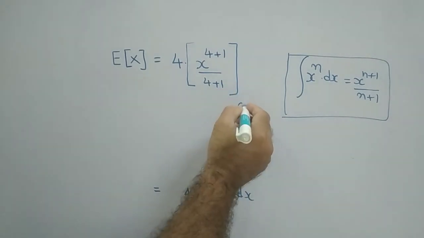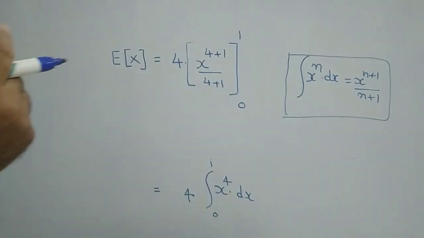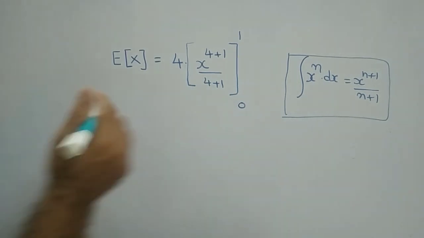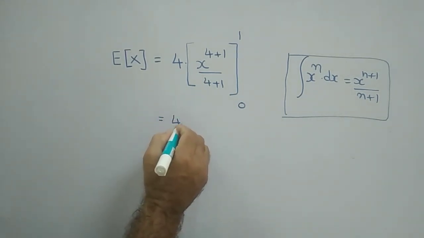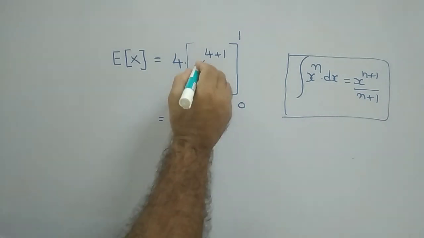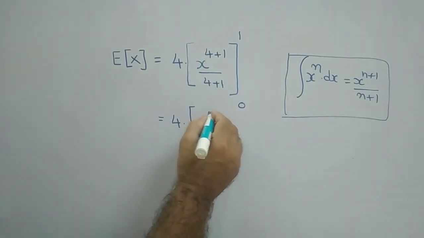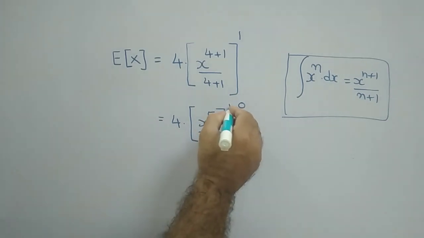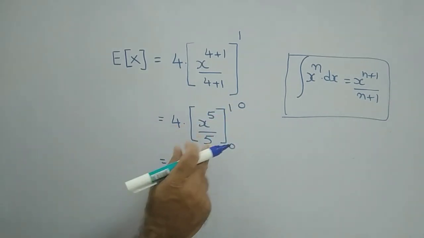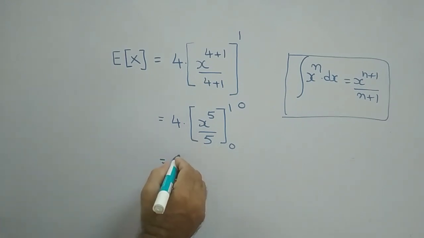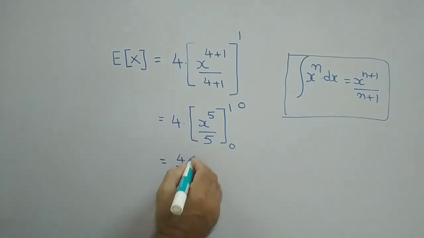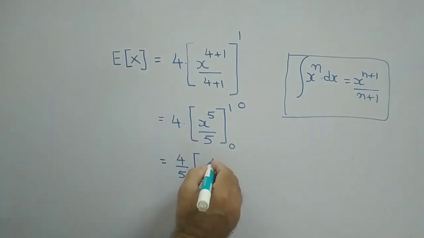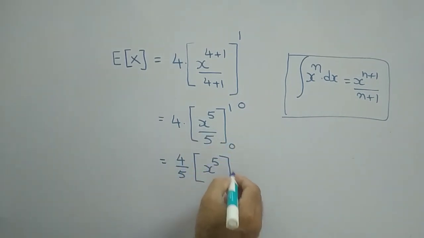Now the 0 to 1 limits you must substitute here. Clear? Afterwards your problem is over. This is equal to 4 into x power 5 by 5, from 0 to 1. Since 5 is in the denominator, take it outside. So it is 4 by 5 into x power 5, from 0 to 1.